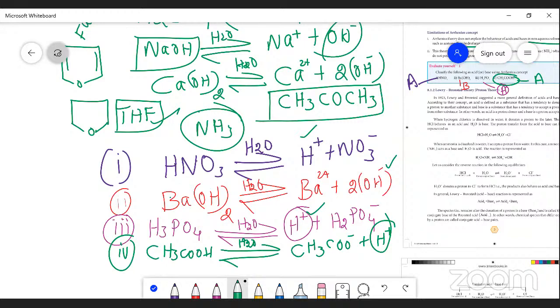Then let us see the Lowry-Bronsted theory, which also deals with acid and base.